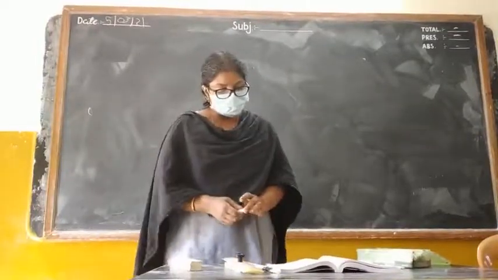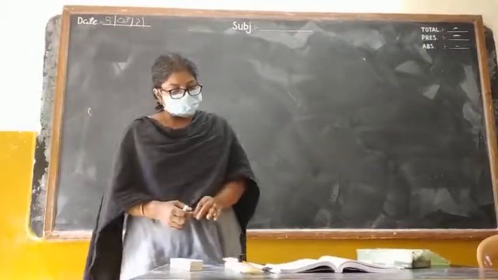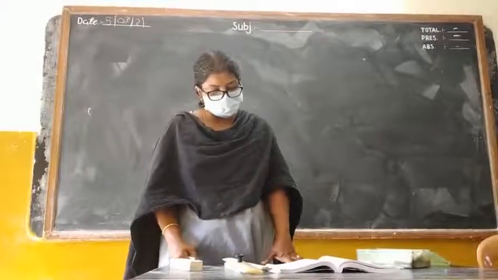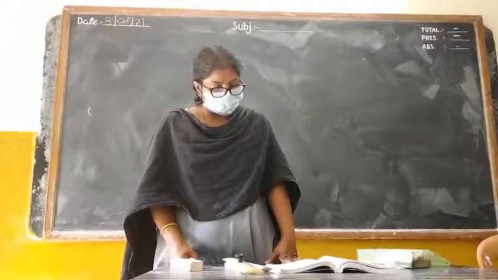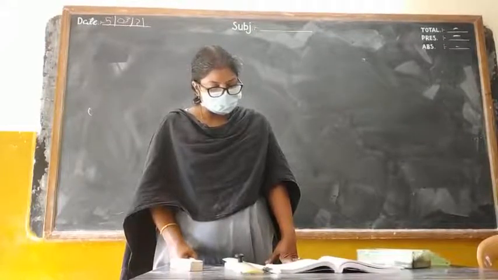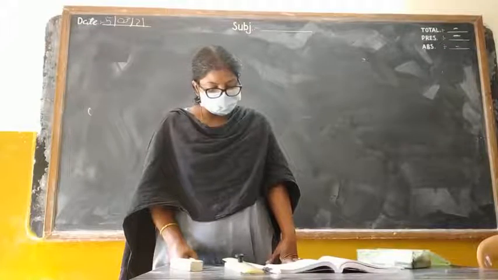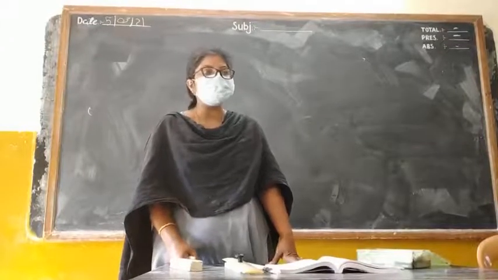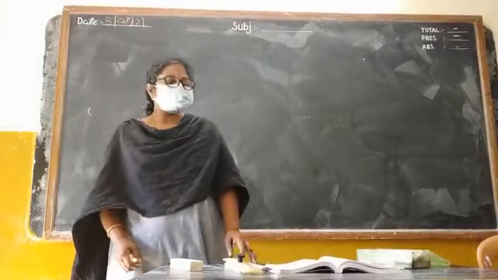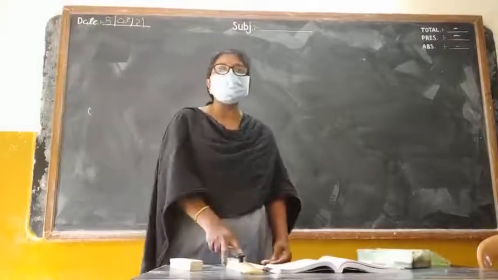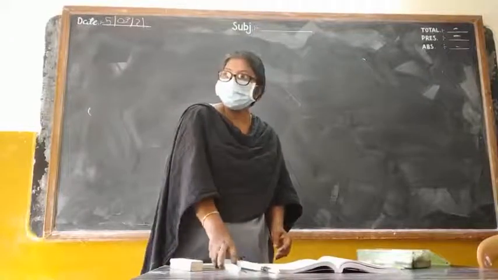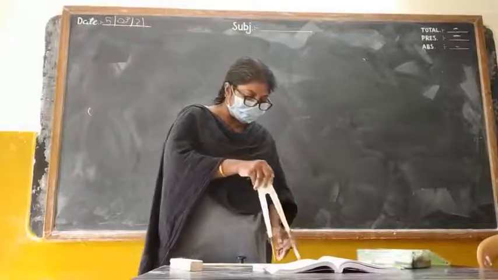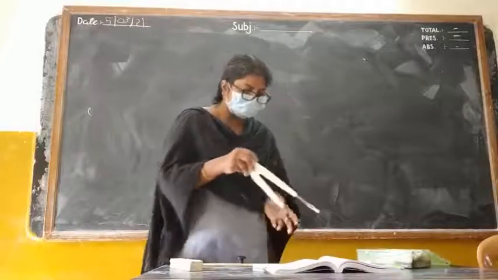Draw a circle of radius 3 cm. Take 2 points P and Q on one of its extended diameter, each at a distance of 7 cm from its center. Draw tangents to the circle from these 2 points P and Q. So first you have to draw a circle of radius 3 cm.